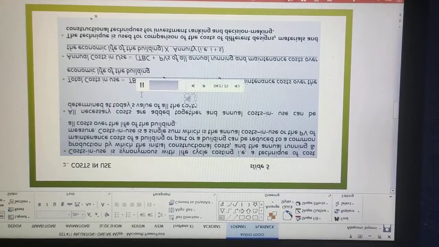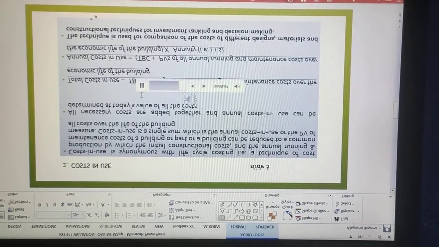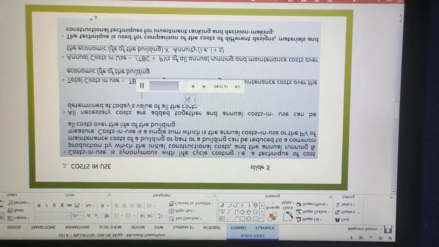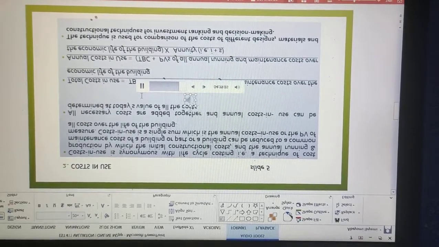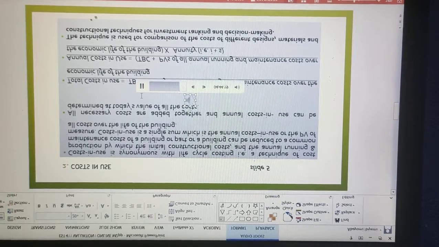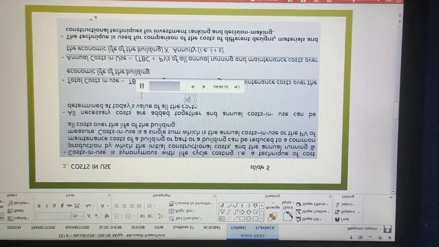YP is 1 over I plus S. So if annuity is 1 over YP, it means annuity is 1 over I plus S. So when you break it down, you come to I plus S.